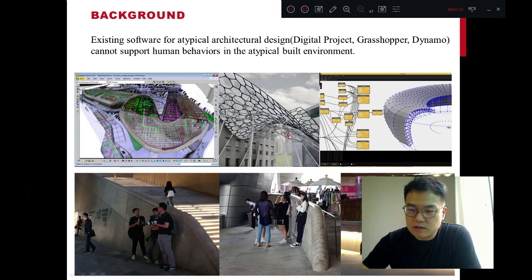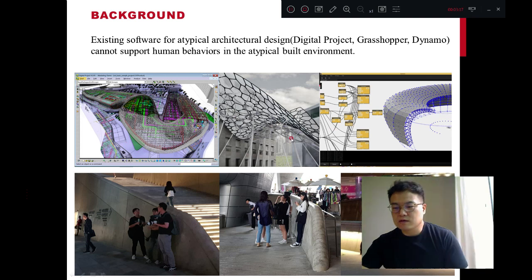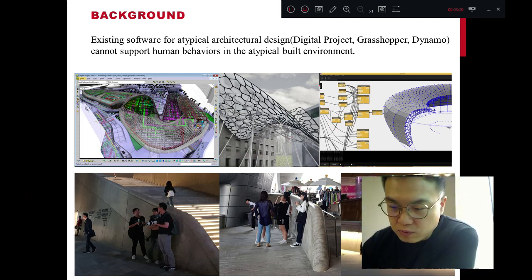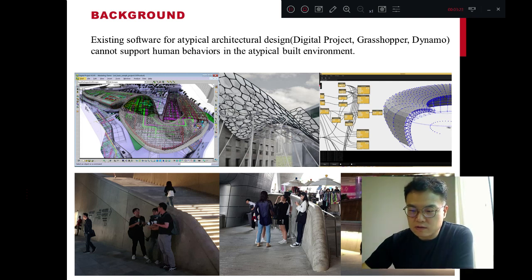The upper images are from software supporting atypical design, but in reality, in the surroundings of us, there are atypical shapes of buildings, a lot of people, and they behave in some way, but this software cannot simulate that phenomenon.